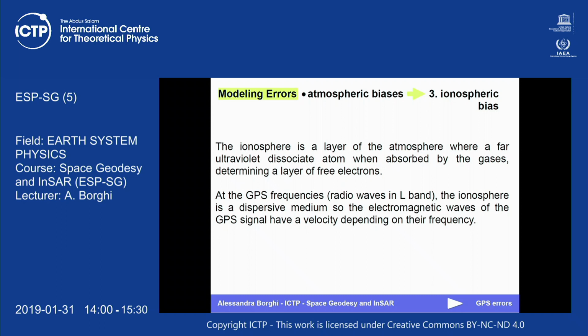It means that the velocity of propagation of the signals changes related to its frequency. So the velocity of the electromagnetic wave depends on its frequency in this type of dispersive medium, and the GPS frequencies, which are radio waves in L band, have this effect. The ionosphere is a dispersive medium for these frequencies.